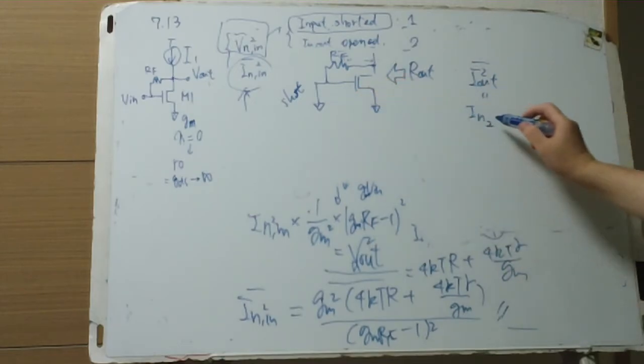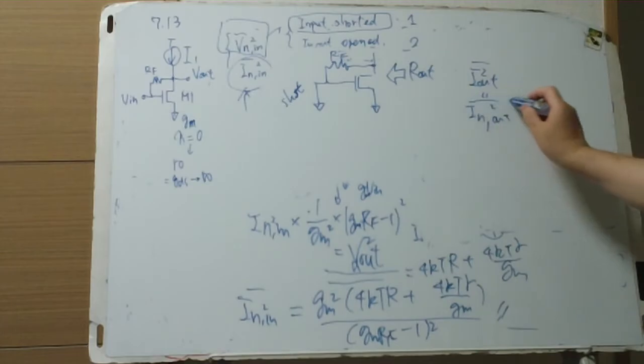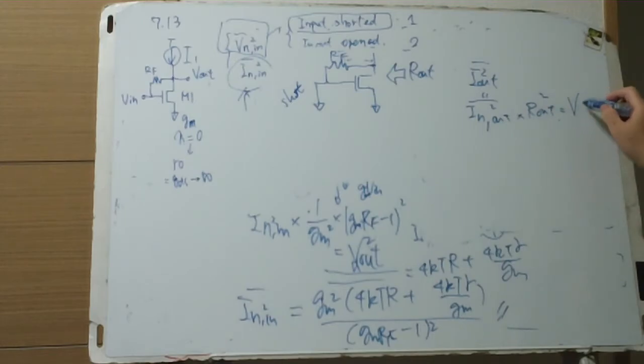With the input shorted, I n1 out squared times R out squared equals Vn1 out squared.